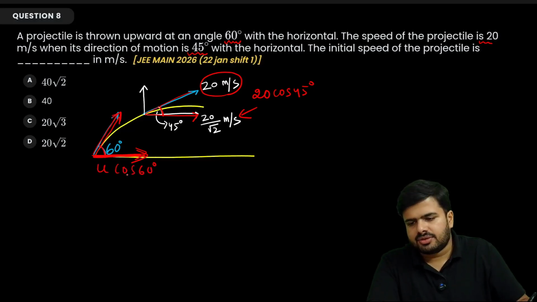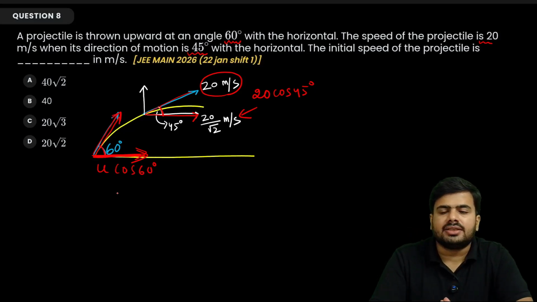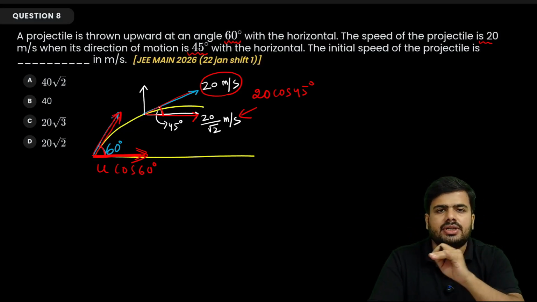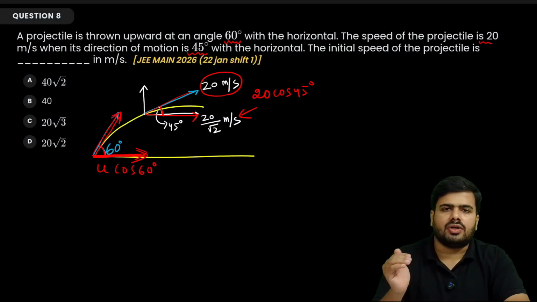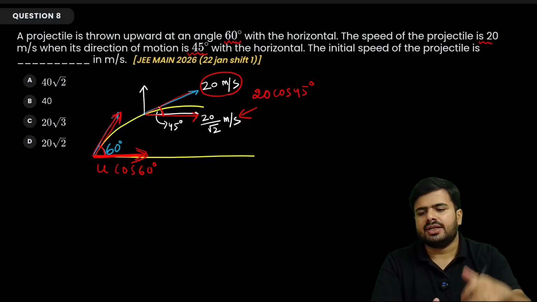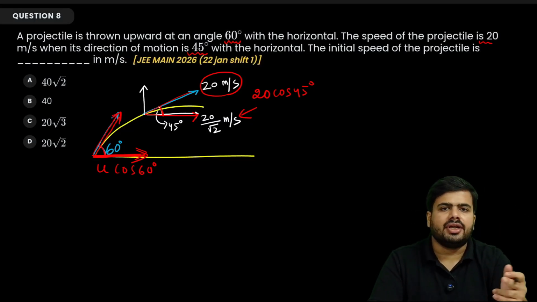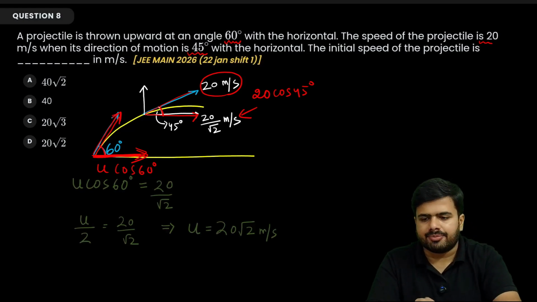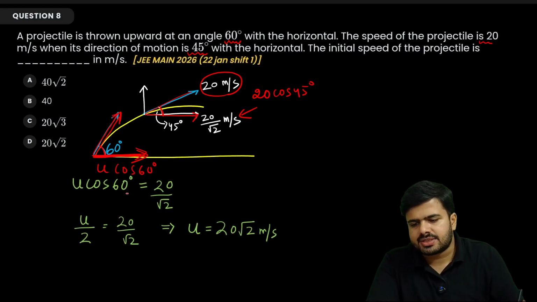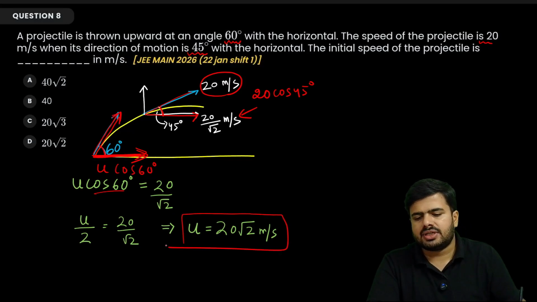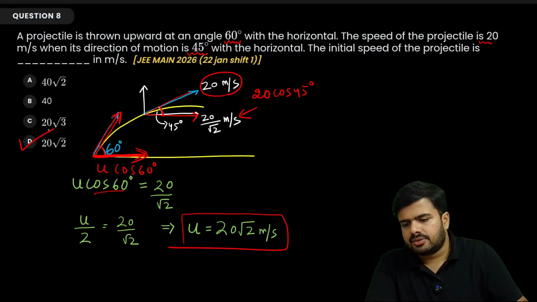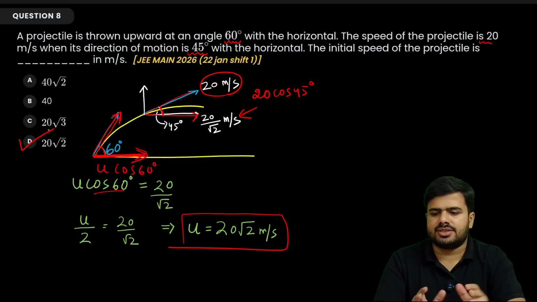We all know that in projectile motion the horizontal component of velocity never changes, so both will be the same. We can write u cos 60 equals 20 upon root 2. Cos 60 is 1 by 2, so u by 2 is 20 by root 2. We get u as 20 root 2. So option D is correct in this question.